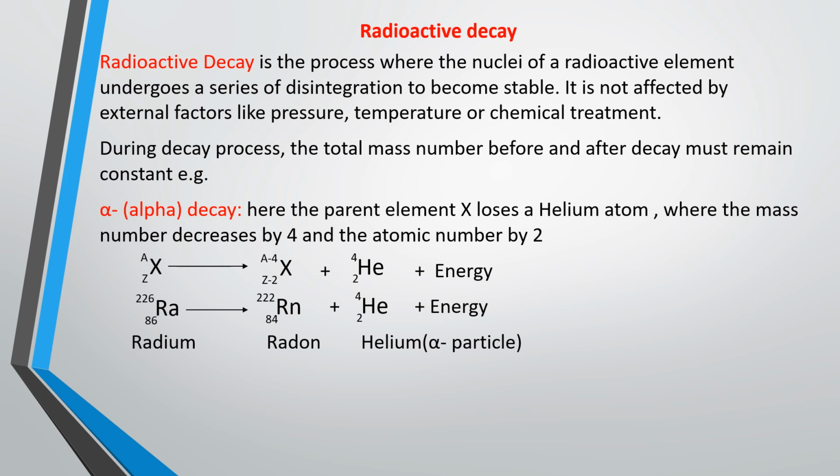So radioactive decay is a process where the nuclei of a radioactive element undergo a series of disintegrations to become stable. So it is not affected by external factors like pressure, temperature, or chemical treatment. During the decay process, the total mass number before and after decay must remain constant.